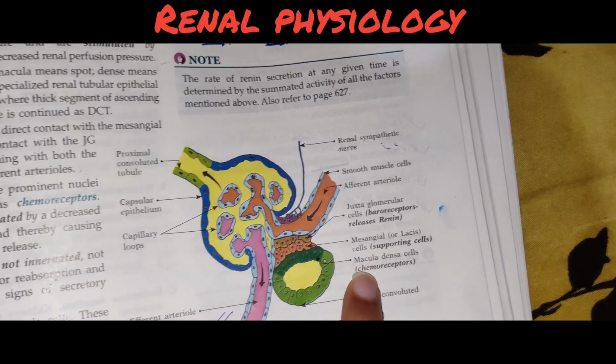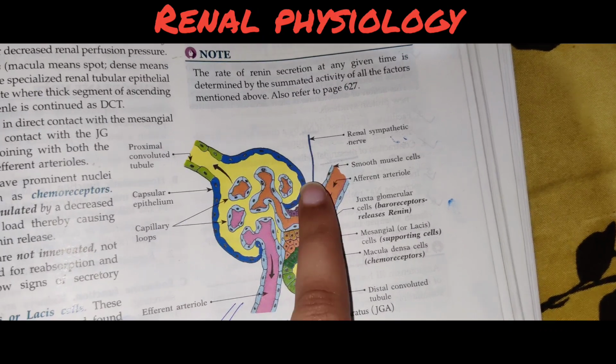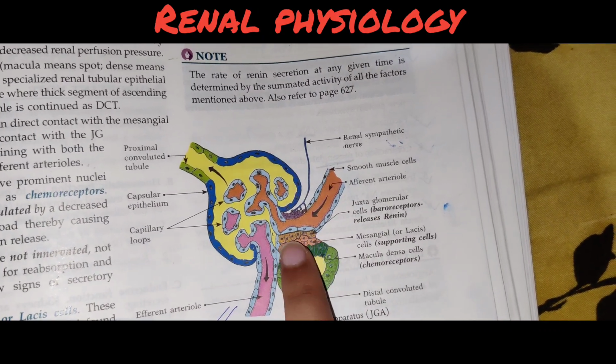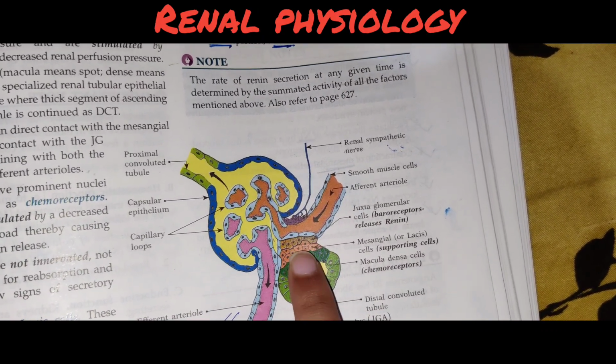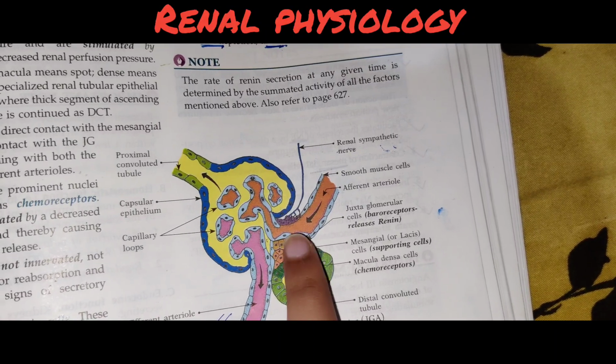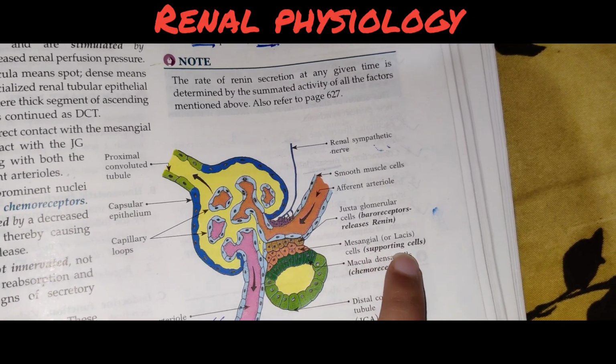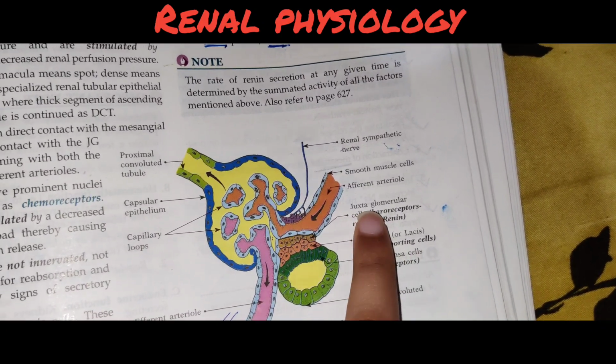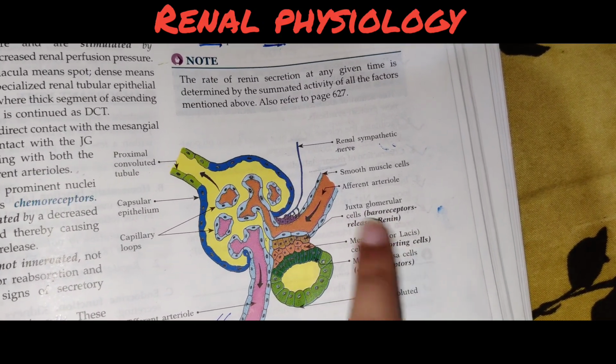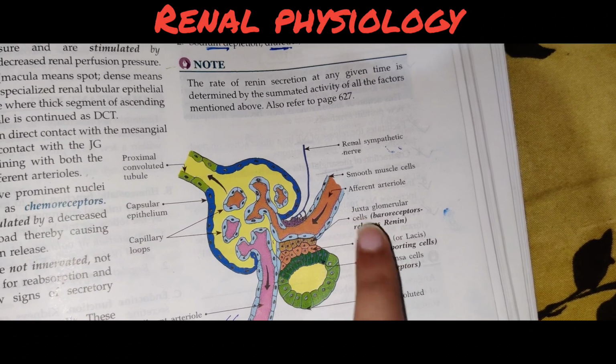cells. These are chemoreceptors. Okay, and some cells of the afferent arteriole become differentiated to form juxtaglomerular cells, and in between the two there are supporting cells called mesangial or Lacis cells. These juxtaglomerular cells are baroreceptors and they release renin.